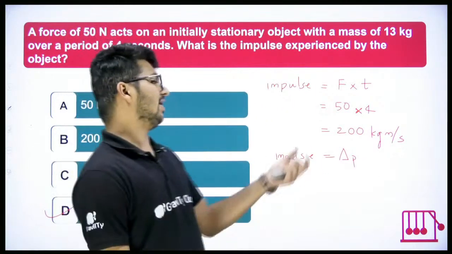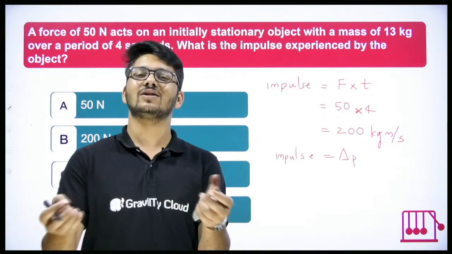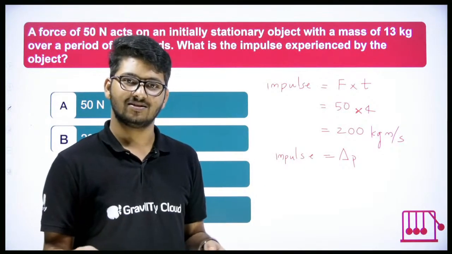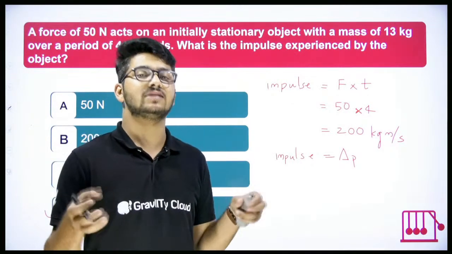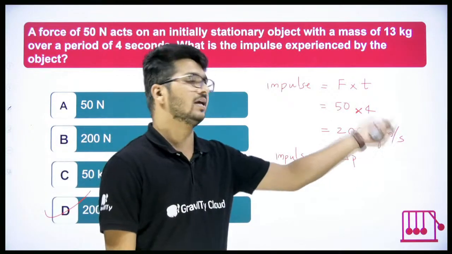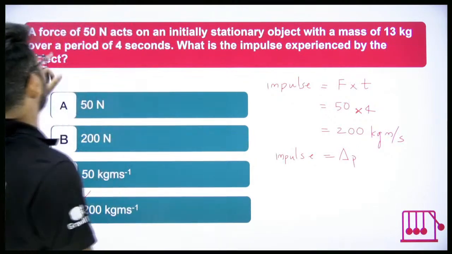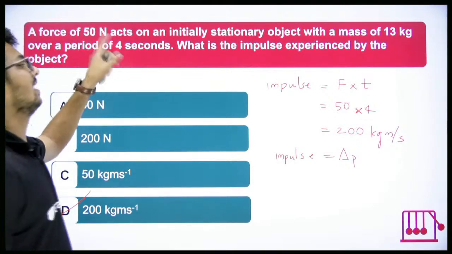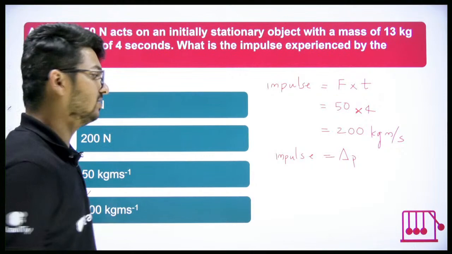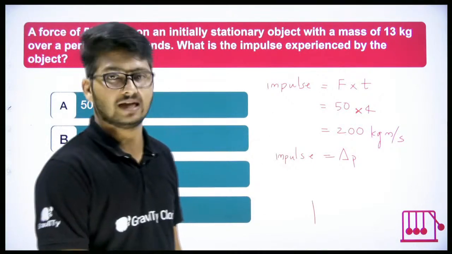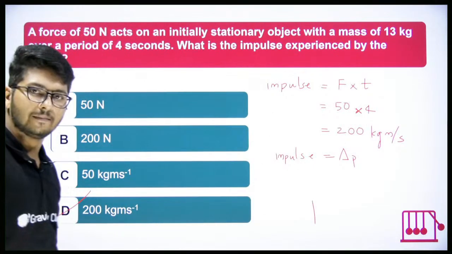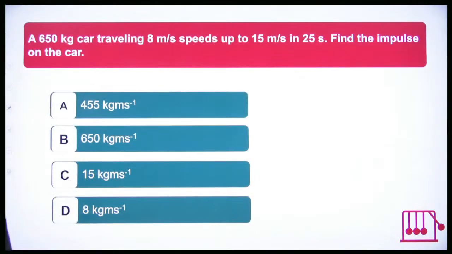So that is the reason why momentum and impulse will have the same units. Impulse and momentum will have the same units. So directly kilogram meter per second. Obviously, 50 Newton in SI units, 4 seconds in SI units. That's why the final answer is in SI units. Okay. Good. Next question.